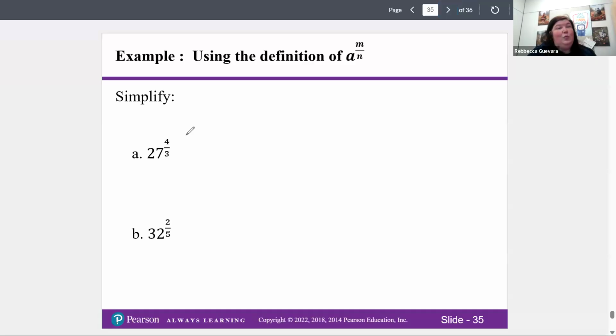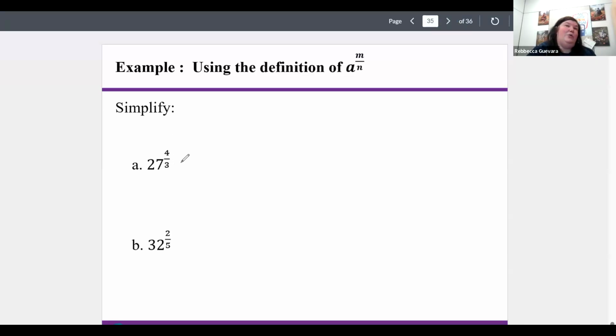So if I have 27 to the power of 4 over 3, really what that's saying is that I have 27. And remember, these are basically multiplied together. So let me write again here. a to the m over n is just the nth root of a to the m, or is it just the nth root of a raised to the power of m? It doesn't matter which way it goes.